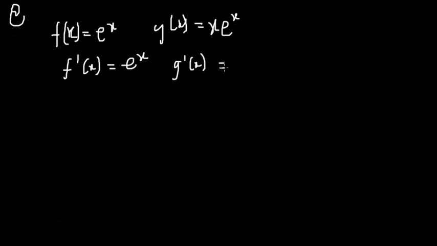When you take the differential of x e exponent x, you keep one and differentiate the other, and then keep the other and differentiate the first. It's like the chain rule, and we end up with e exponent x plus another e exponent x.